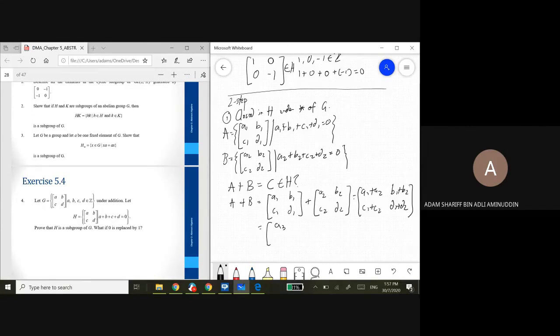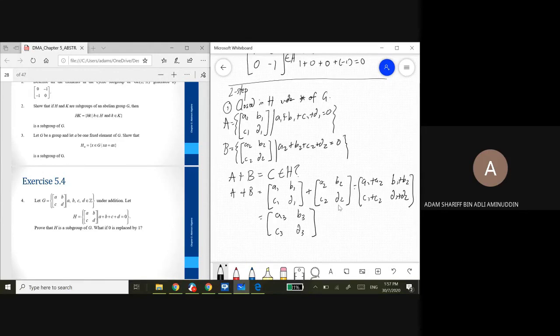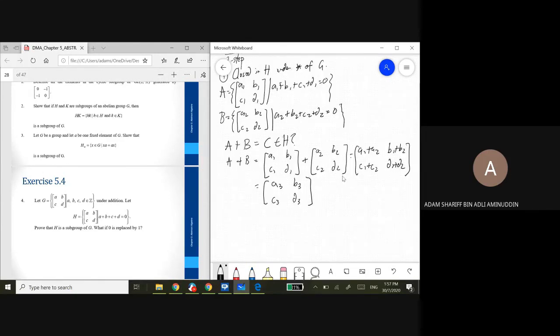Integer plus integer becomes another integer, let's say A3. B1 plus B2 I represent as B3, then C3, D3. The question right now is whether this new C is in H. In order to answer that, this A3 plus B3 plus C3 plus D3 must also equal 0, because that is the condition of H. And obviously A3 is an integer, since integer plus integer is an integer.